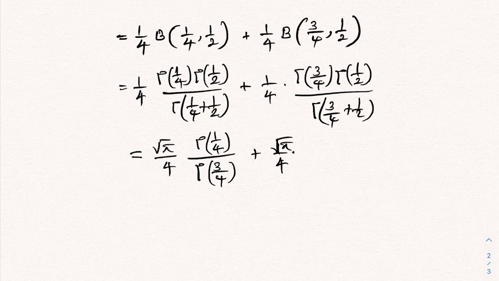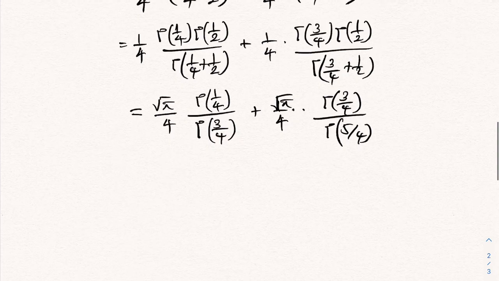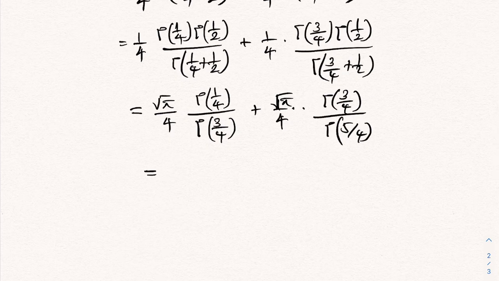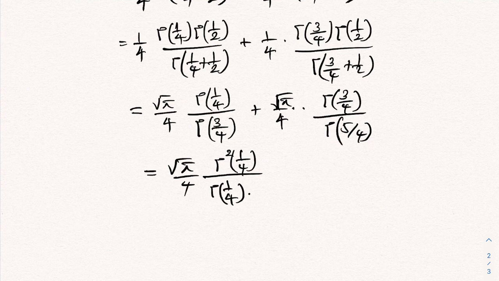So square root of pi over 4 times gamma of 3 over 4 over gamma of 5 over 4. Okay, then I am going to multiply both numerator and denominator by gamma of 1 over 4. So we have square root of pi over 4, here gamma square of 1 over 4 over gamma of 1 over 4 times gamma of 3 over 4, which we can write as gamma of 1 minus 1 over 4.